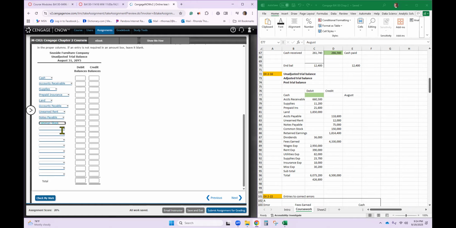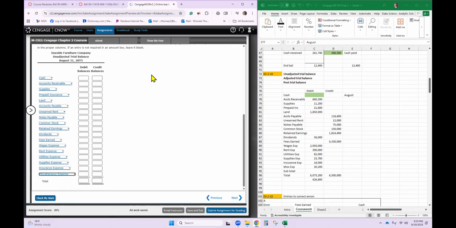Then we have common stock, retained earnings, and dividends. Those are the three equity accounts. Then a revenue, fees earned, and the rest of these should be expenses. So it looks like we have wages expense, usually your biggest expense, then rent expense, utilities expense, supplies expense, insurance expense, and miscellaneous is last.